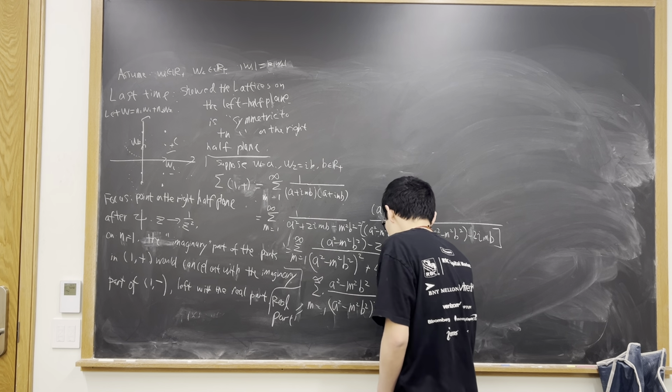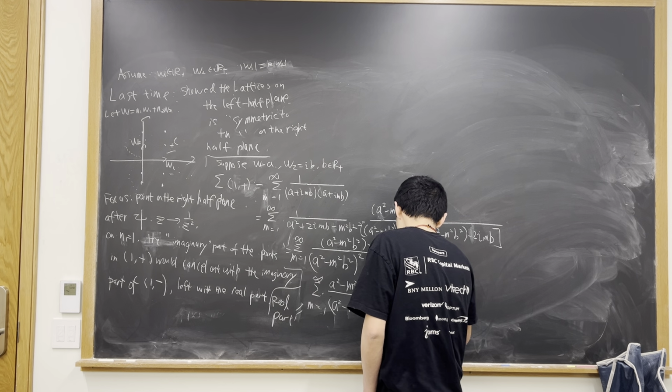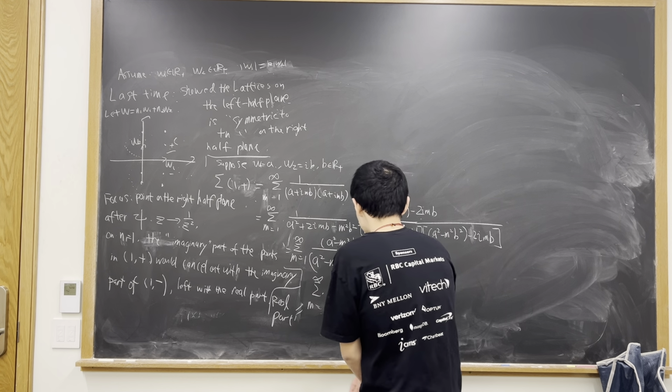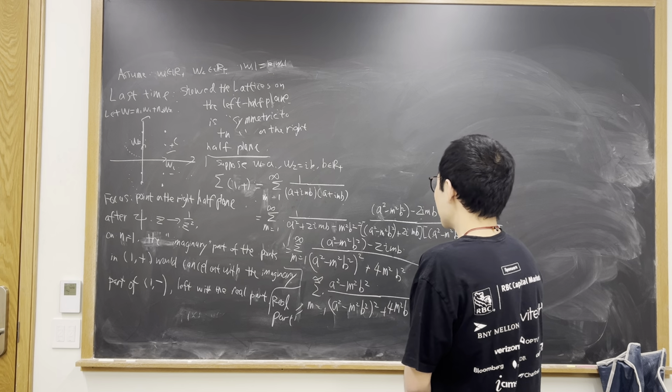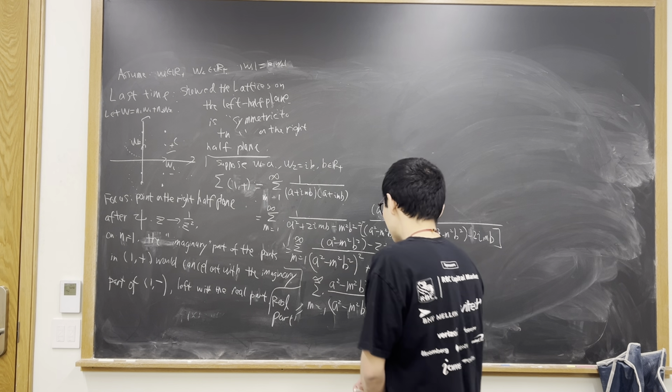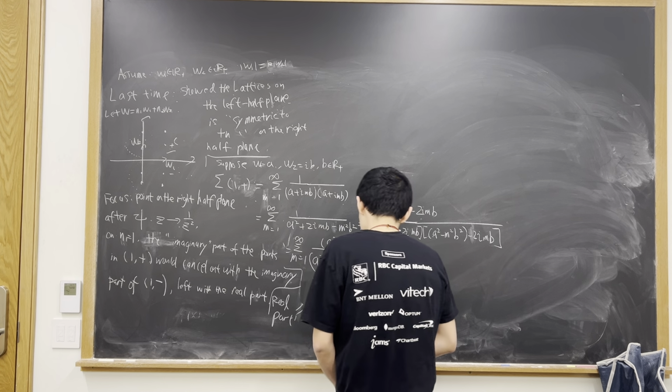Oh, sorry, plus 4 m squared b squared. Yeah, and together with the negative part, right?